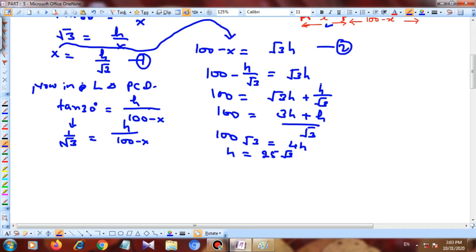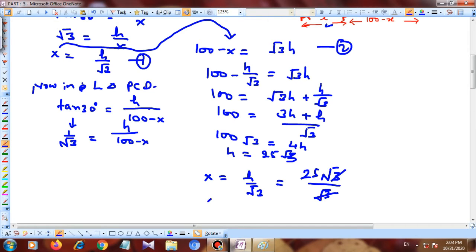This is 25 root 3. So the value of x will be, now x is h upon root 3. So here h is 25 root 3 upon root 3.